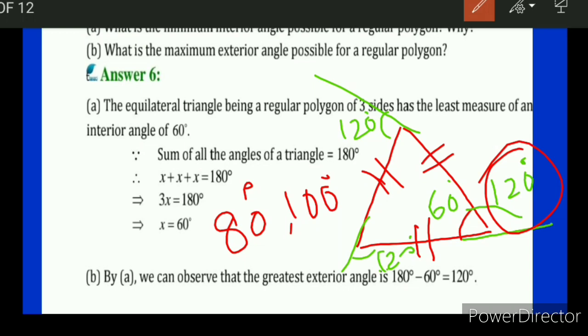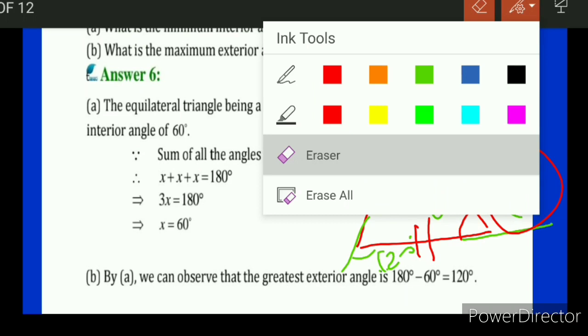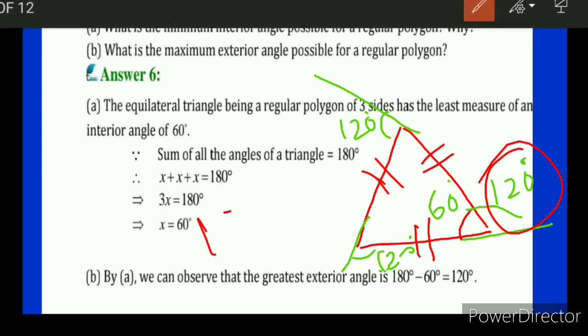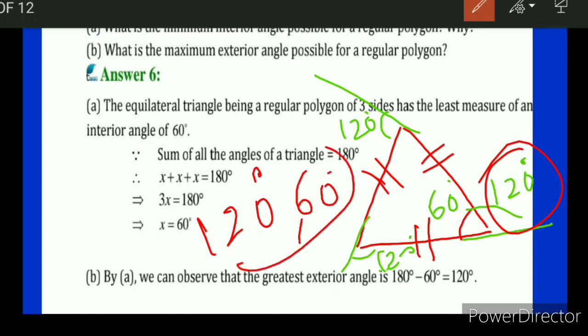Or another example. Suppose you take the interior angle measure as 120. What will the exterior angle be? 60. Then only their sum will be 180 degrees, because the interior angle and exterior angle are a linear pair of angles.